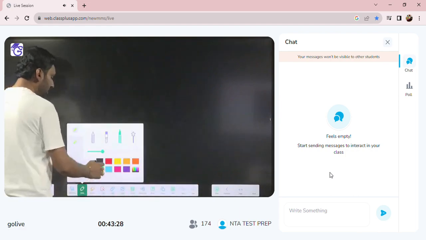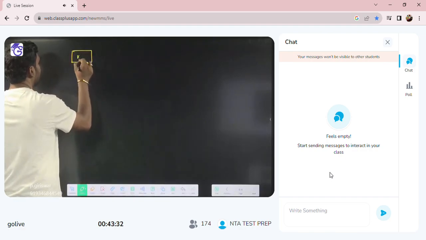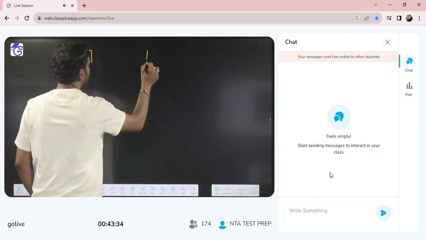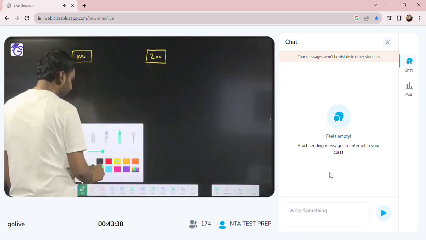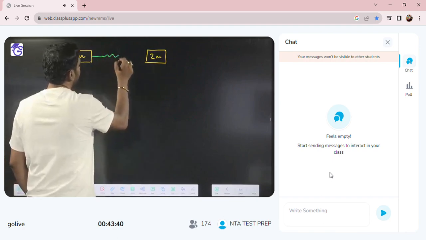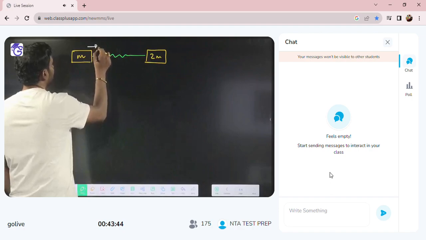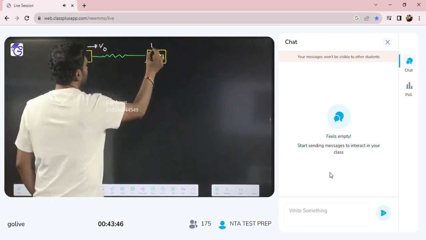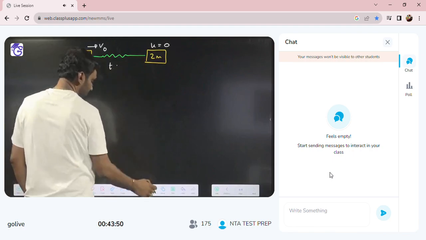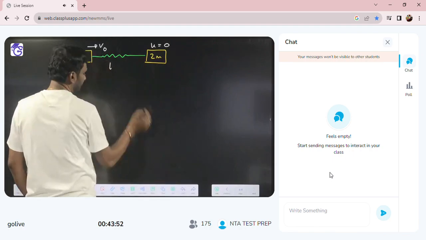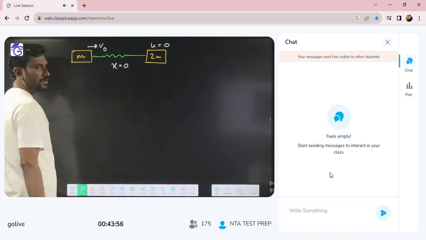I'll rewrite the diagram. This is mass M. This is mass 2M. I'll show you an amazing thing. This mass was initially moving with velocity V0. This was at rest. It is at t equal to 0, or when the compression in the spring was equal to 0.